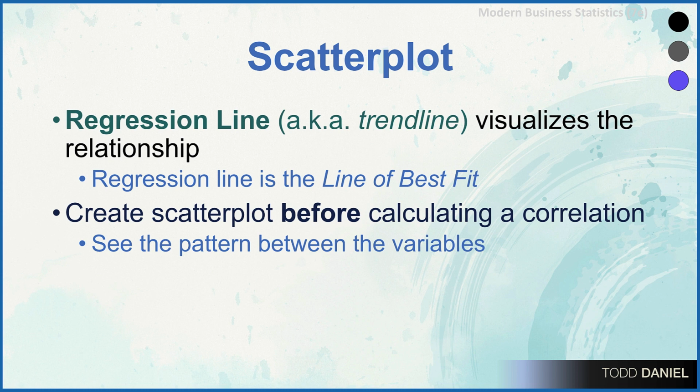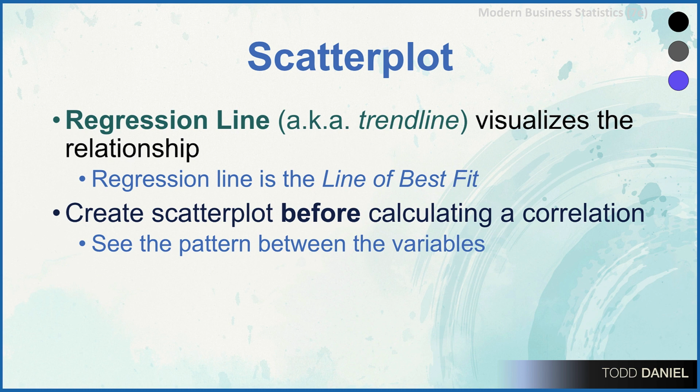That line running through the middle of the dots is the regression line, also called a trend line, and that single linear relationship visualizes the relationship between those two variables. So the regression line is sometimes called the line of best fit. It runs like a mean through the middle of those dots.